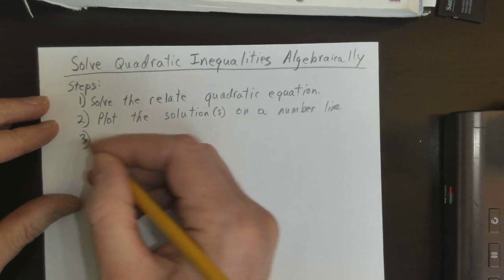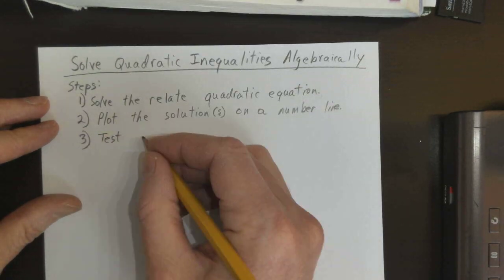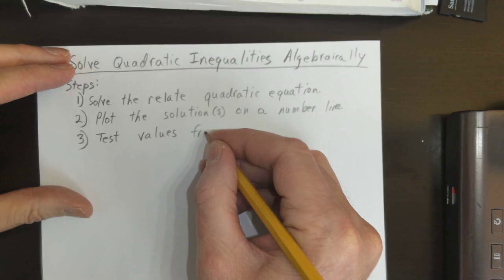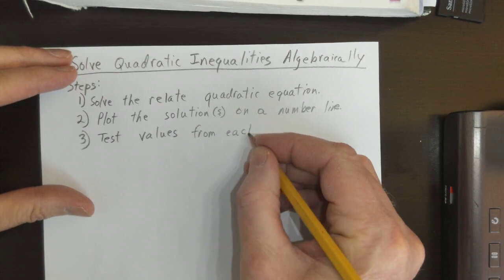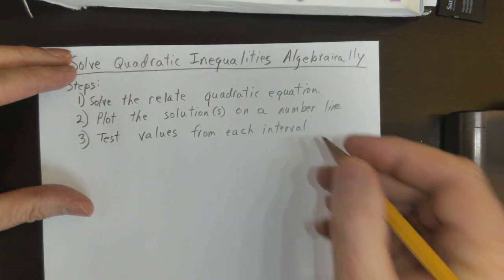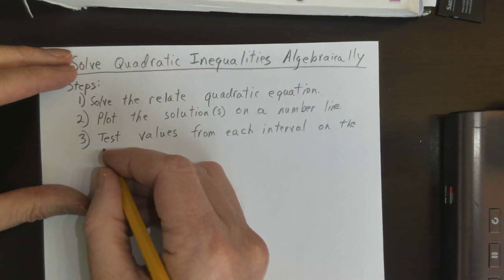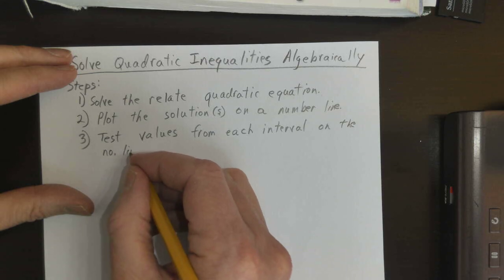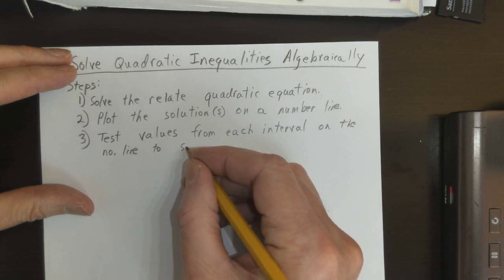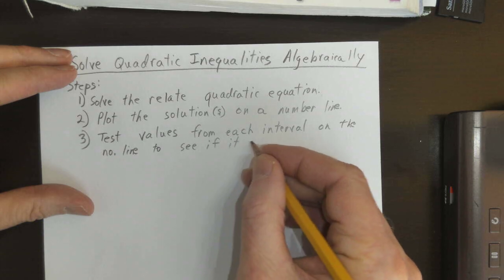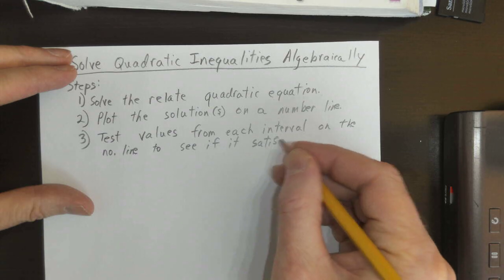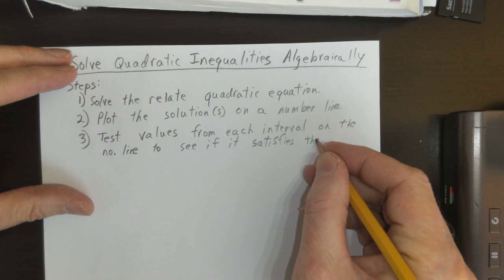Step 3, we're going to test values from each interval on the number line to see if it satisfies the inequality.